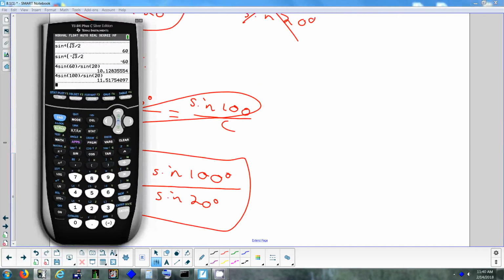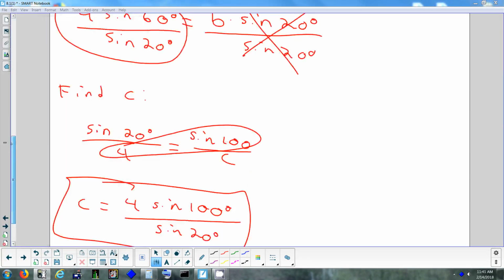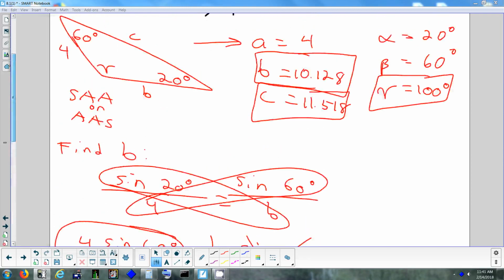And you typed it in exactly like that? If you type it in exactly like that, you should get 11.5. Anyone else get anything different than that? No? Okay. So if you're getting a negative still, let me take a look after and I'll double check it with you.